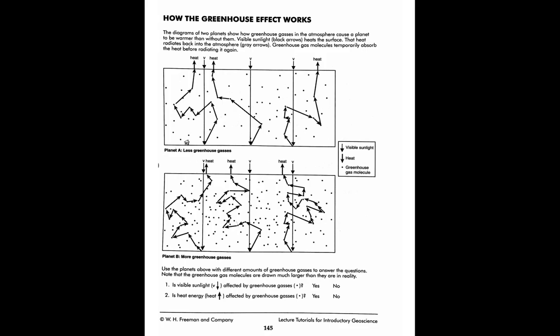Now the problem with this is that we have been adding to the greenhouse gases that are up there in the atmosphere. CO2 is the big one that we talk about all the time, and that comes primarily from the burning of fossil fuels. So more CO2 goes up into the atmosphere, and effectively we're thickening this layer of greenhouse gases.